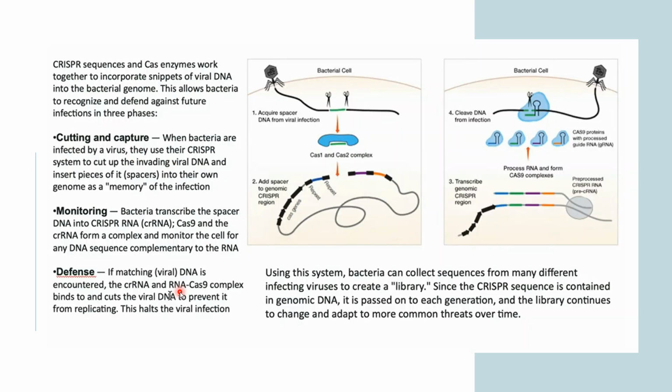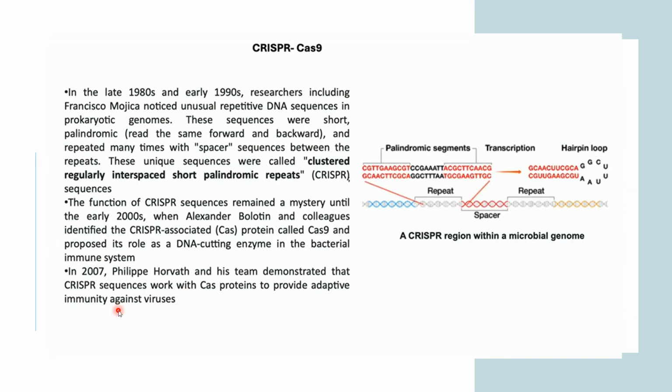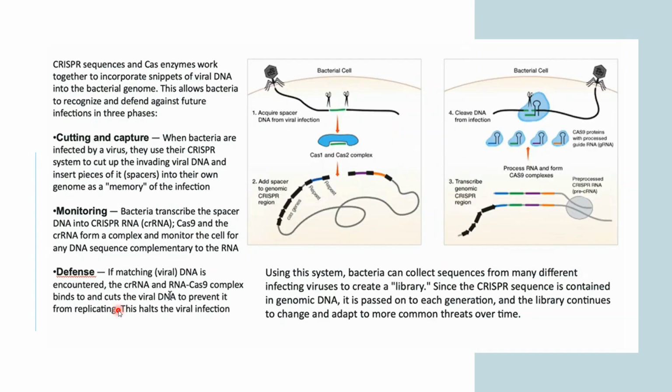First, there are CRISPR sequences with the Cas9 protein associated with them, and they give the bacteria immunity against viruses. The bacteria defend against infections in three steps. The first step is cutting and capture.